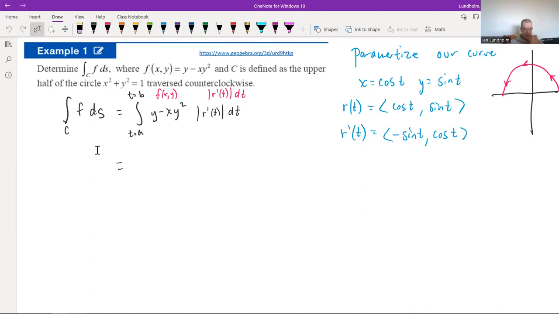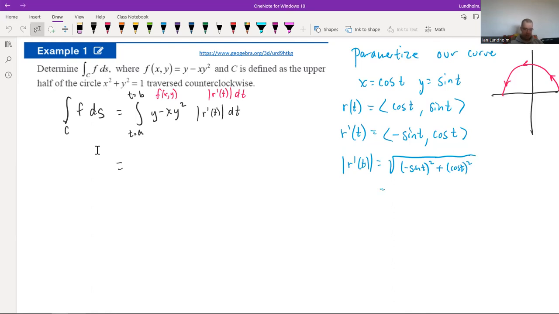Eventually we're going to need to take the absolute value. Why don't we go ahead and do that? The magnitude of this vector is the square root of negative sine t squared plus cosine t squared.